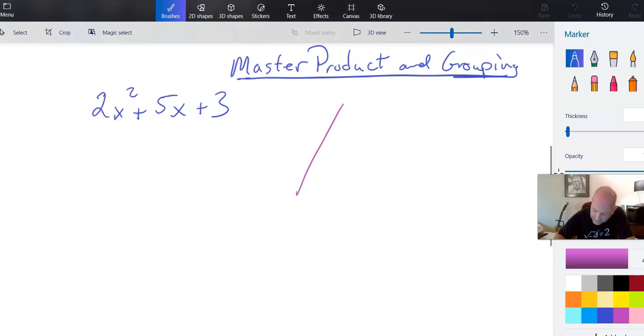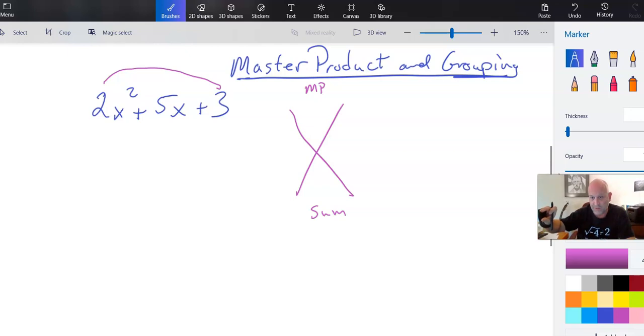I like to organize it this way with an X. What goes on top is our master product, and what goes on the bottom is a sum. Here's where the numbers come from. The master product is the first coefficient times the last coefficient. This depends on having your polynomial written in the correct order, so the exponents descend.